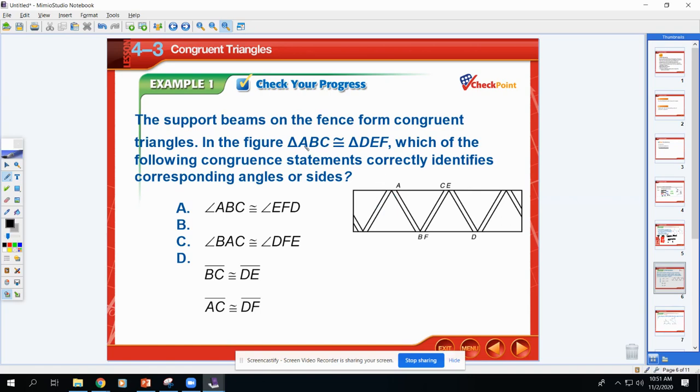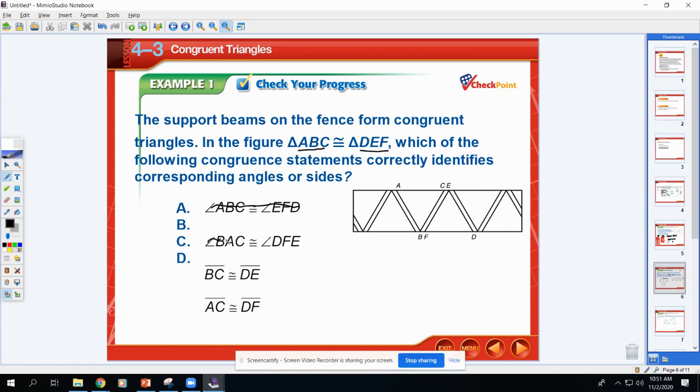Okay, so if we know that ABC is congruent to DEF, well, that tells us that the first letter here, angle A, is going to be congruent to the first letter here, angle D. So if that is the case, we are going to use that to help us figure this out. I know A and C, this one right here, that's not going to be the answer because we don't need to change the congruence statement.